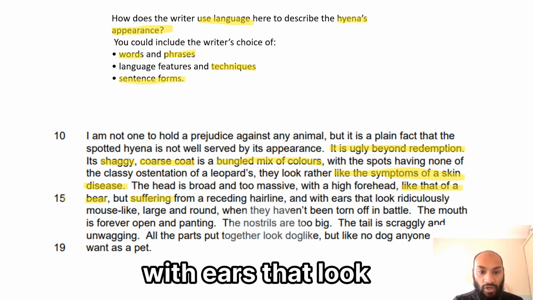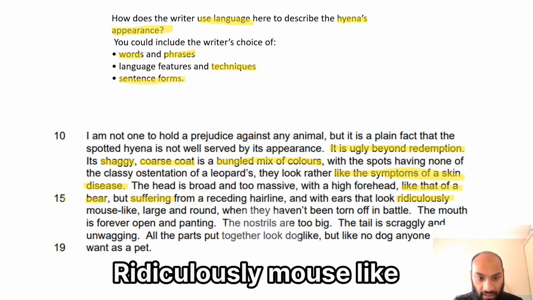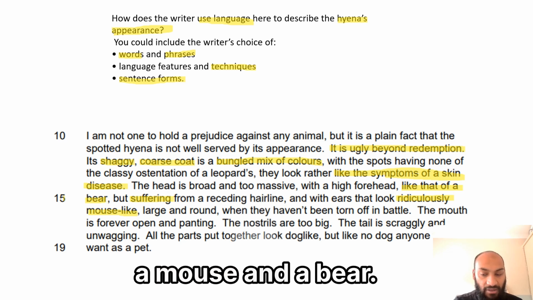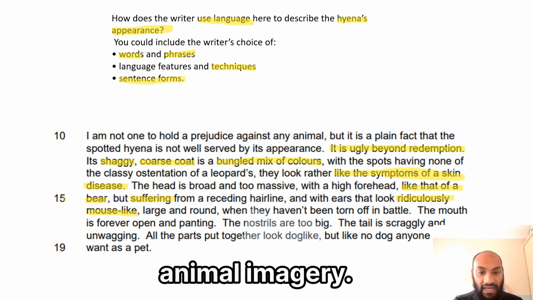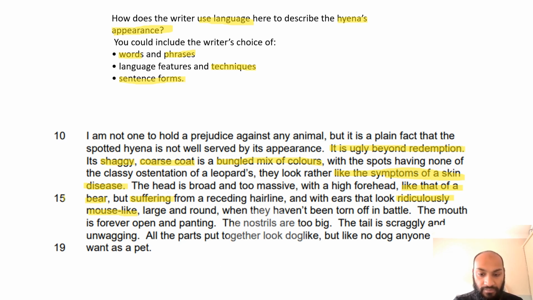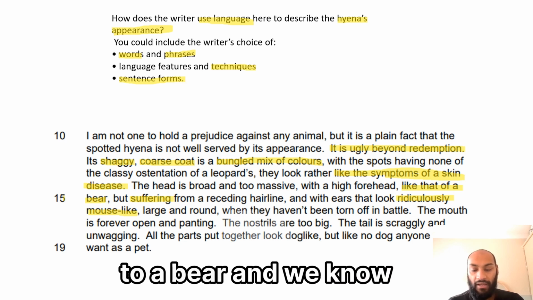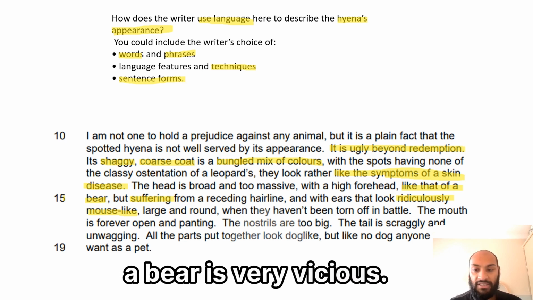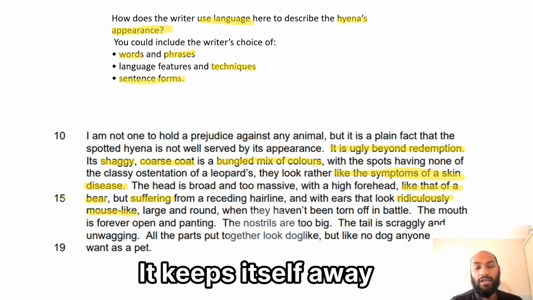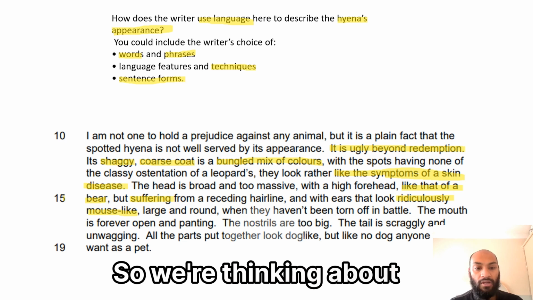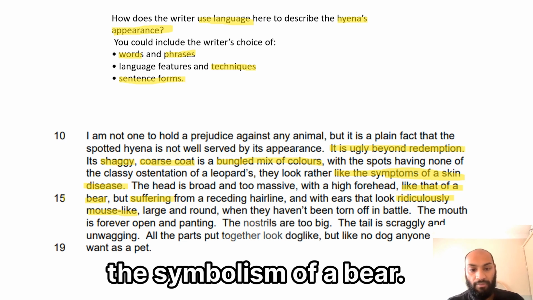With ears that look ridiculously mouse-like. So being compared to a mouse and a bear, we've got the animal imagery, a lot of exaggeration. First it is compared to a bear, and we know a bear is very vicious. It keeps itself away from humans and other creatures. So we're thinking about the symbolism of a bear.